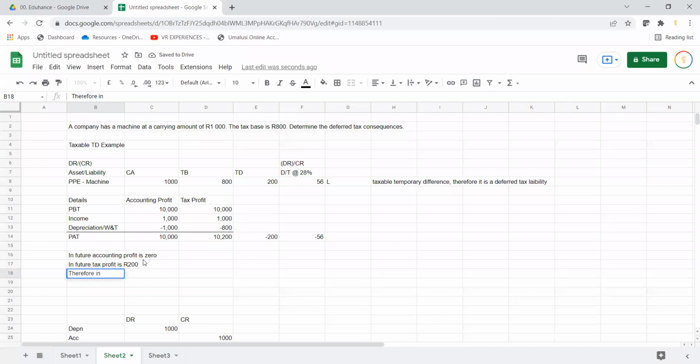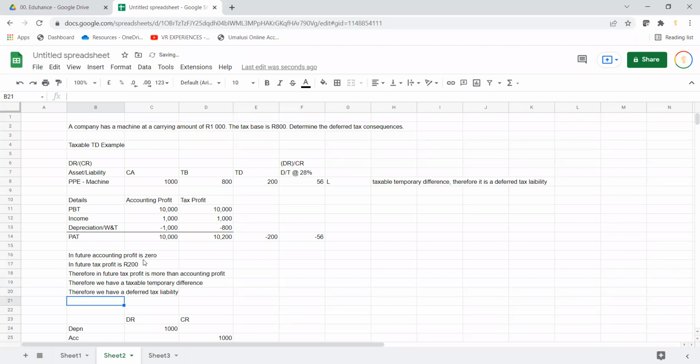Therefore, in future, tax profit is more than accounting profit. Therefore, we have a taxable temporary difference. Therefore, we have a deferred tax liability.